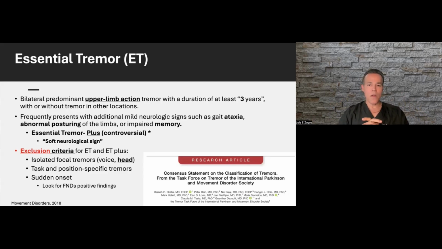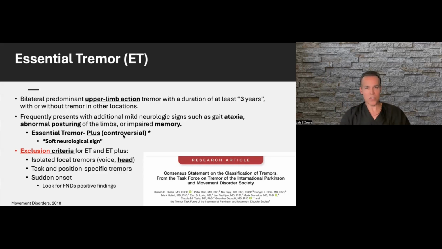Now, the other thing, and this is very controversial, is based on this paper published in 2018 by the Movement Disorder Society. Many people don't believe in this, but people who really deal with essential tremor have noticed that many patients have some subtle, soft neurological signs, other features.